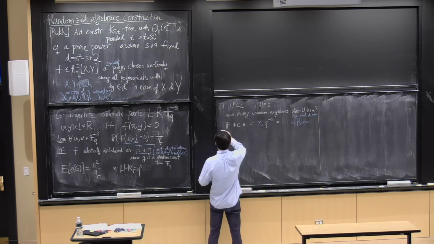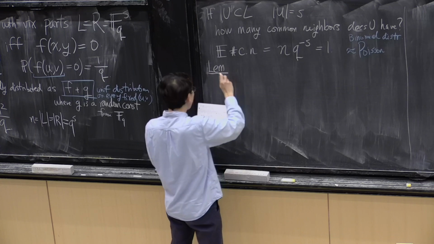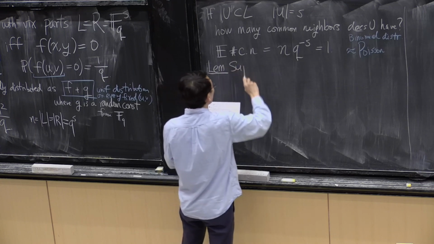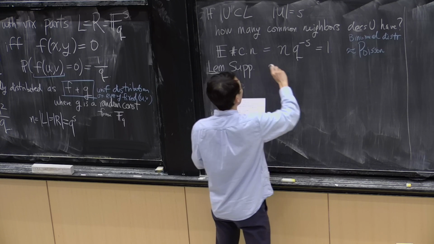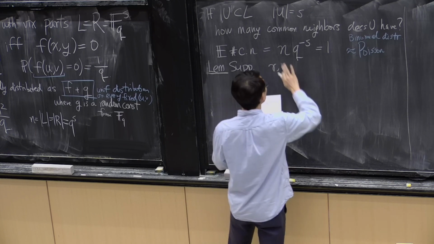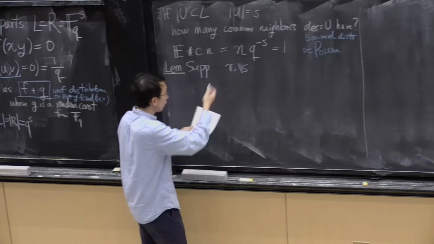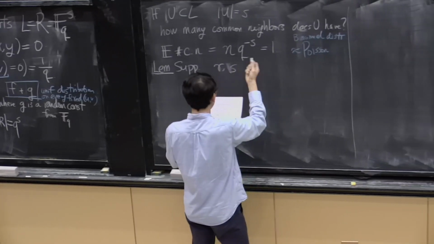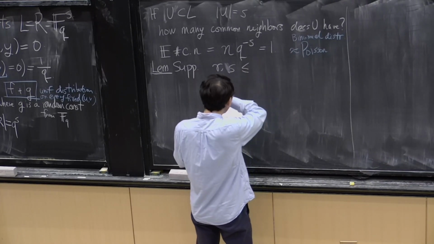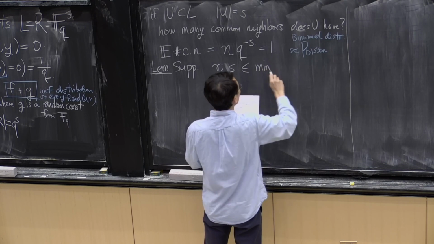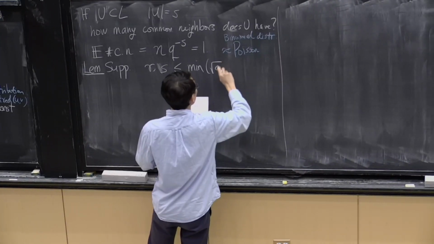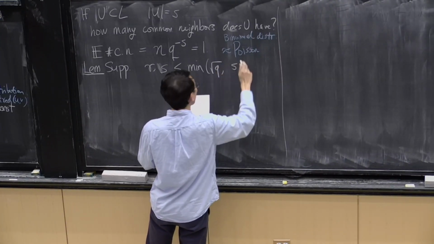So first, let's start with something that's actually fairly elementary. Suppose you have some parameters r and s, and think of them as constants. There are some restrictions, but don't worry too much about them.